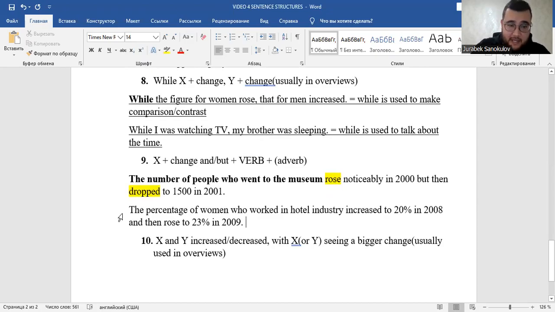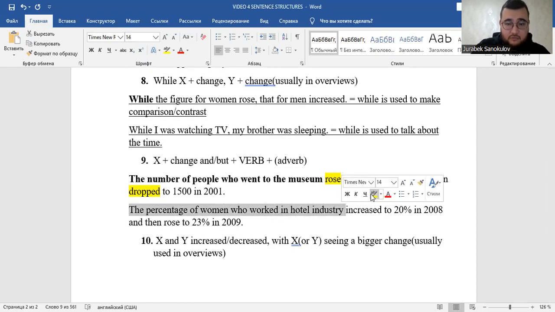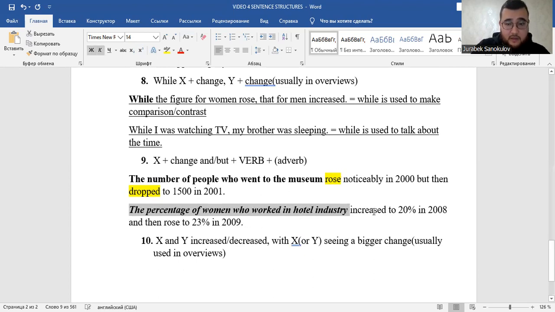So I used again the same subject, but two verbs, increased, then rose. So that's how you use it. When you include contrasting changes, you need to use but, and when you use two similar changes, you need to use and. That's very simple.